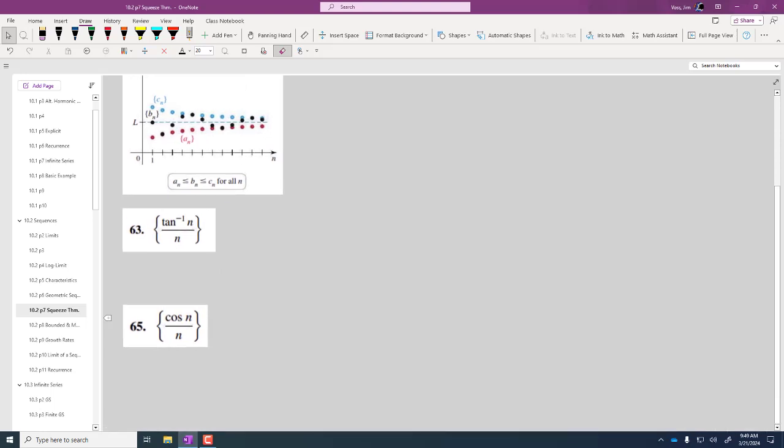So let's just think in our minds for a second. Certainly, if we had the sequence 1 over n, this is our basic sequence, and we know that that sequence is going to converge to 0. The numerator is constant, the denominator is growing, so the fractions are squeezing to 0.